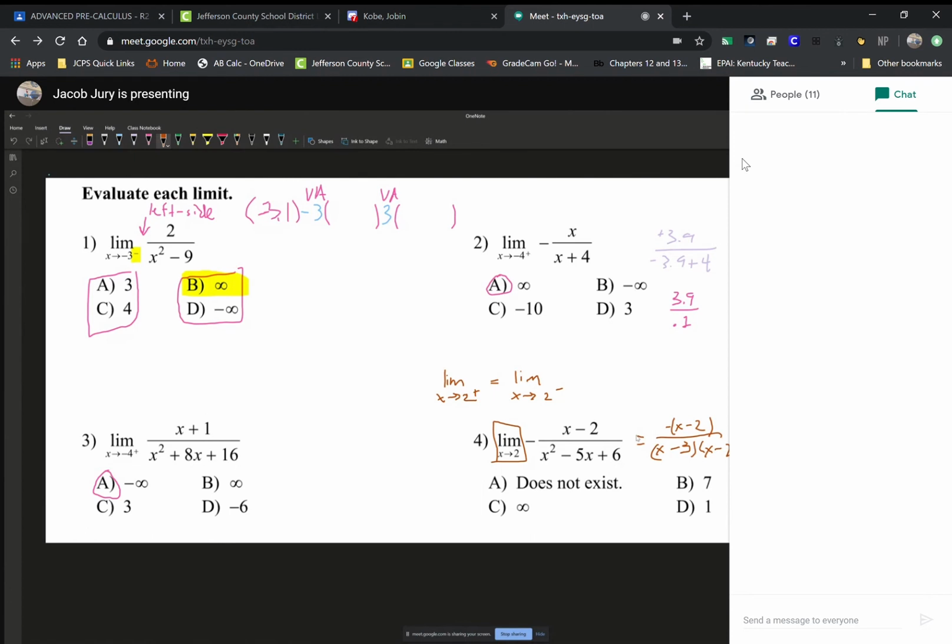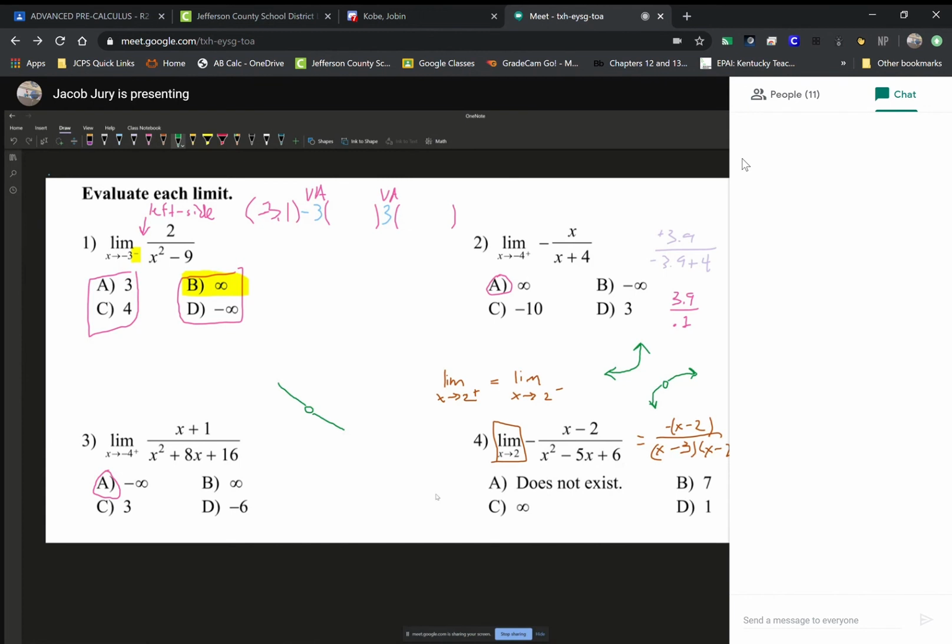But there's a hole, so if we remember, maybe I can sketch something that has a hole in it. This might not be the exact graph. Does a hole have a left side that approaches the right side? So here's another example of a hole. Do the two sides approach each other?